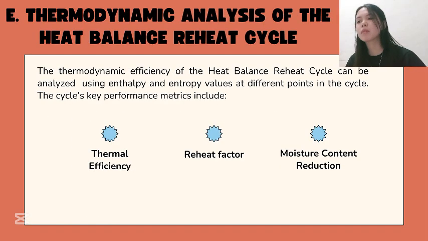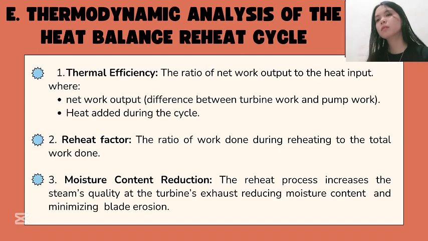The next topic we're going to talk about is the thermodynamic analysis of the heat balance reheat cycle. The thermodynamic efficiency of the cycle can be analyzed using enthalpy and entropy values at different points in the cycle. We have 3 key performance metrics, which include thermal efficiency, reheat factor, and moisture content reduction.